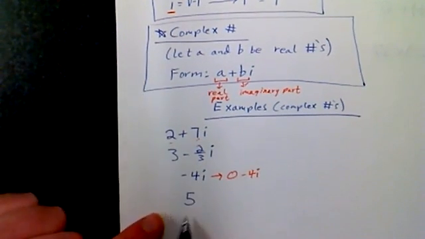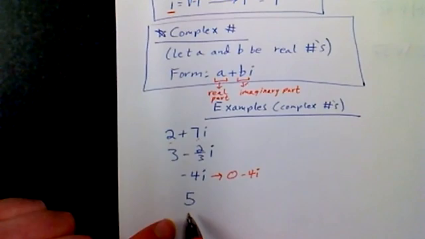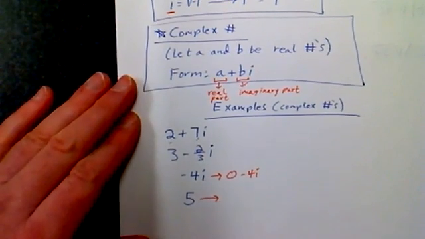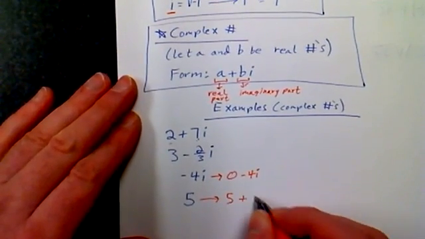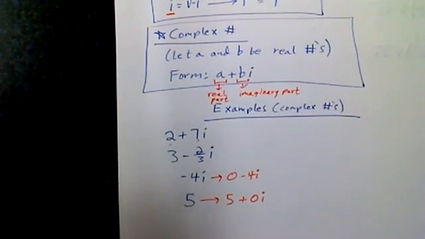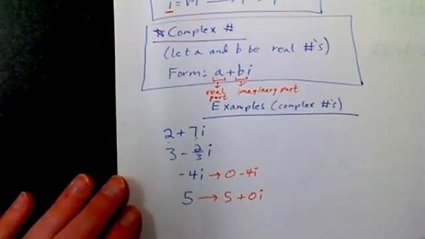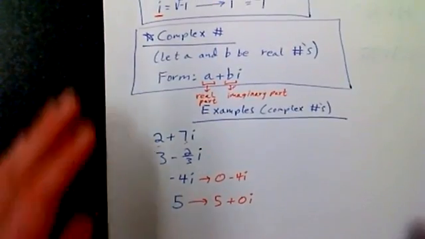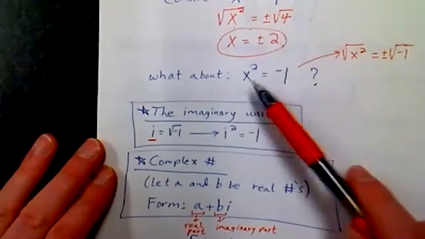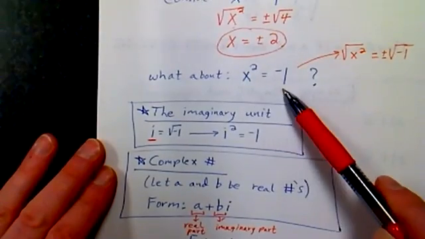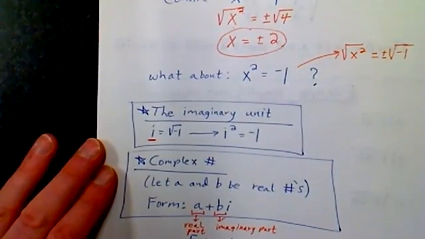And what about the number 5? This number 5 that we've been using all these years is also complex. It's the same as 5 plus 0i, a complex number with no imaginary part. So this is the idea behind complex numbers and why we use them, because then we can start solving equations like this. We'll get to that.